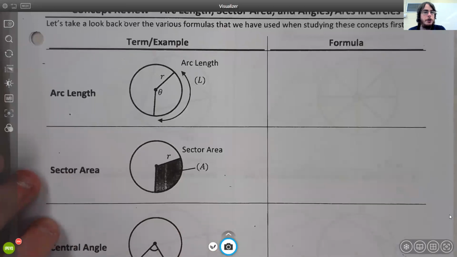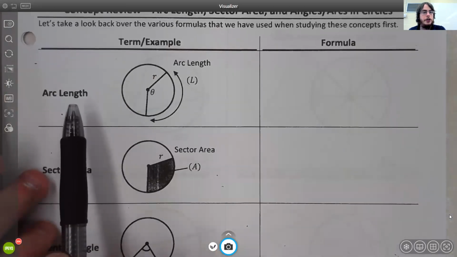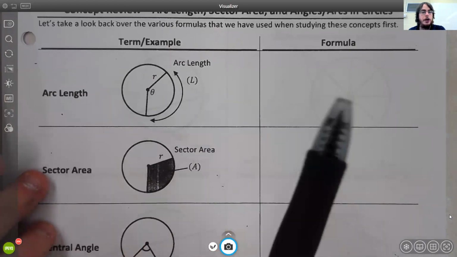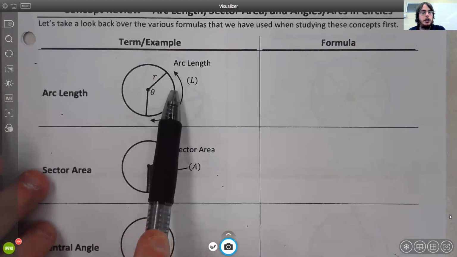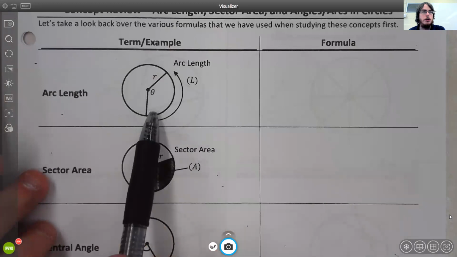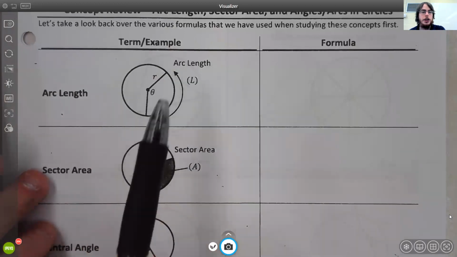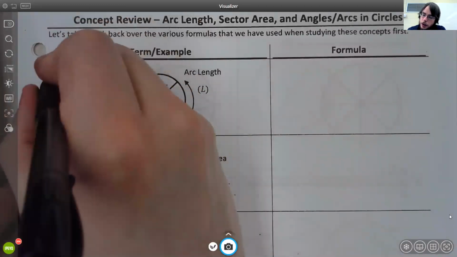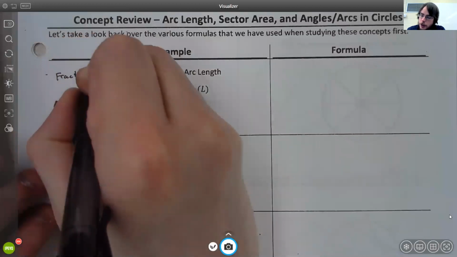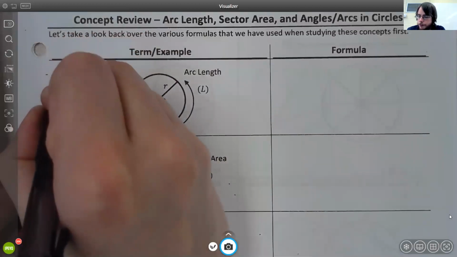The first thing that we're going to talk about is the arc length. The arc length is this portion on the edge of the circle, and that means that the arc length is a fraction of the circle's circumference.